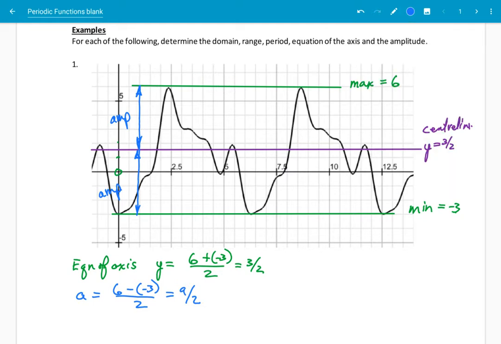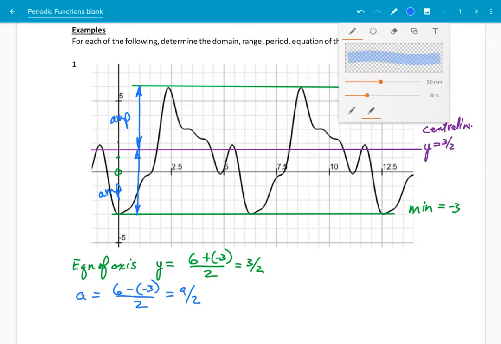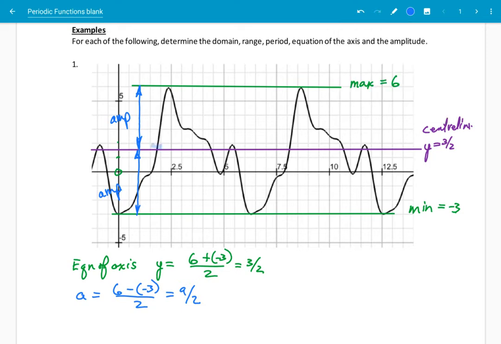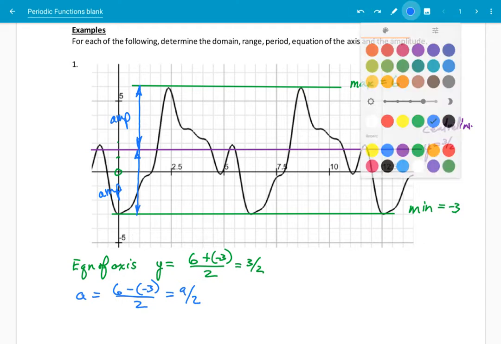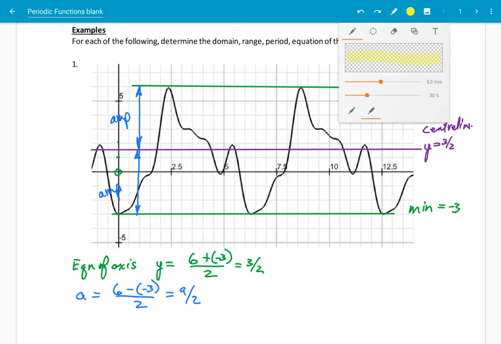Horizontally, we're only going to be looking at the period, and you need to identify a repeated pattern and the start and end of the pattern. I'm going to trace a few different ones here, and then I'll erase them. Some people like to start at the center line. I'm just going to use a brighter color and maybe slightly thinner.